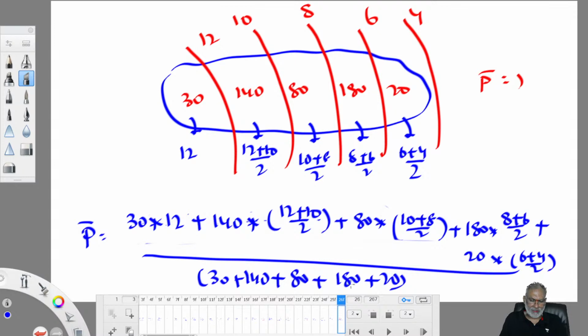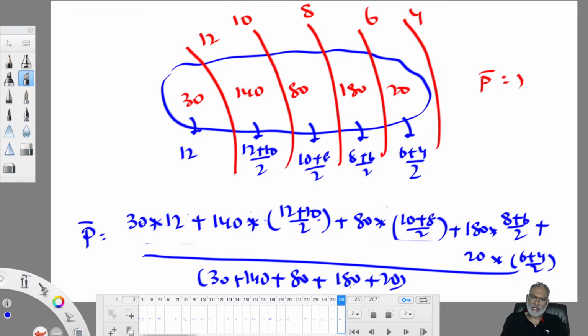So it is 30 into 12 plus 140 into 12 plus 10 by 2, 22 by 2, 11, plus 80 into 9, 18 by 2, 9 only, plus 180 into 7, plus 20 into 5, by 30 plus 140 plus 80 plus 180 plus 20.